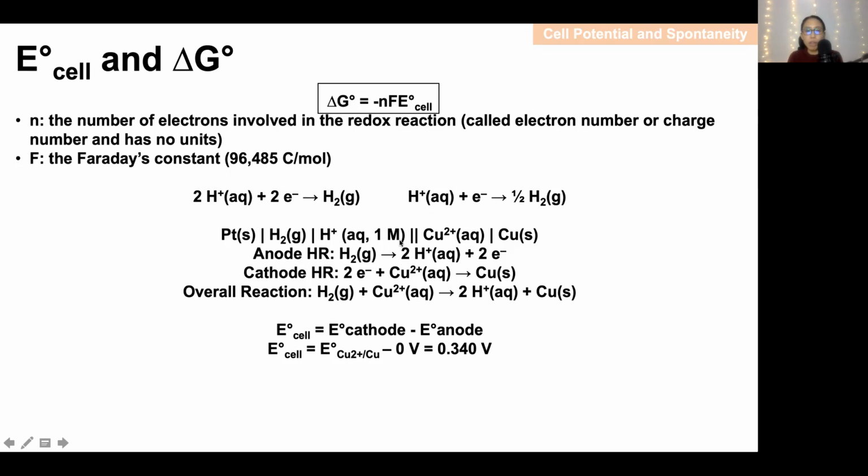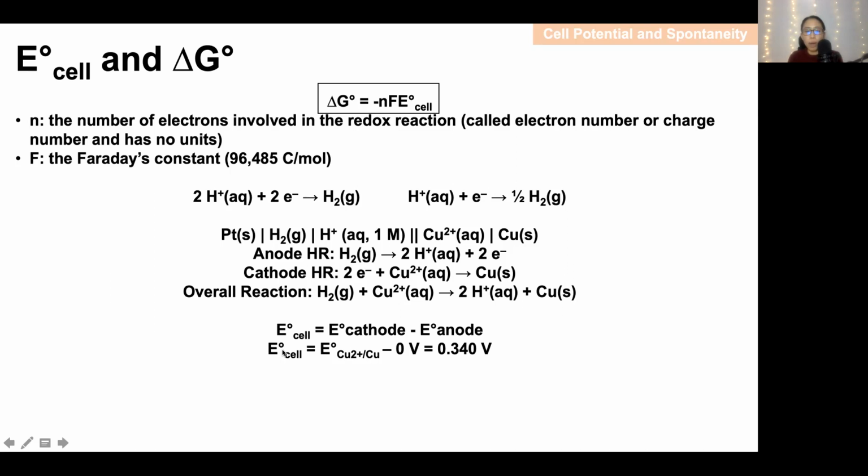So for example, we coupled this with the copper to copper electrode. We have our anode half reaction written like this, and we have our cathode half reaction. For this one, we see that our overall reaction involves 1 mole of hydrogen gas and 2 moles of hydrogen ions.